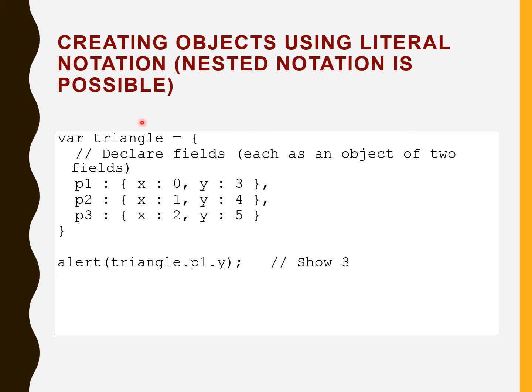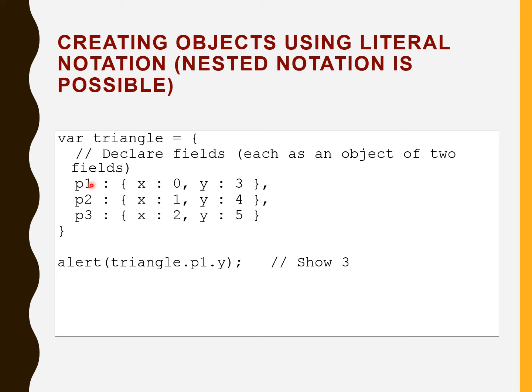Here we can see this variable triangle. A variable triangle is declared equal to curly braces. So curly braces indicate that the corresponding variable, the triangle variable, is an object. Then after the curly braces, the value specified is P1. P1 colon, again curly braces.